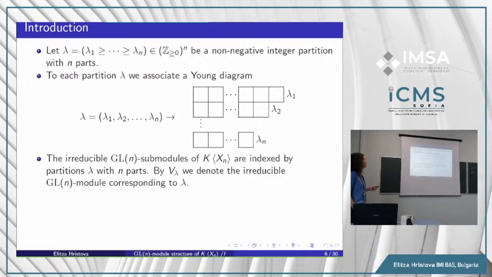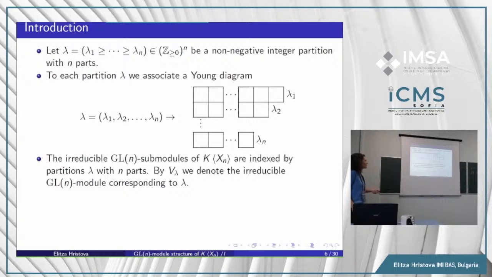And we recall that to each partition we can associate a Young diagram, which is a diagram of boxes, such that on the first row we have lambda 1 boxes, on the second row we have lambda 2 boxes, and so on. On the nth row, we have lambda n boxes. So each partition we can visualize in this way.